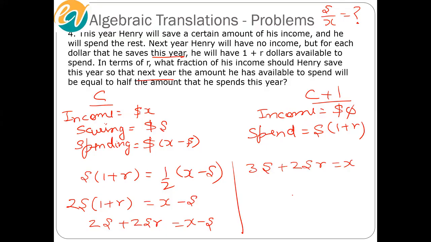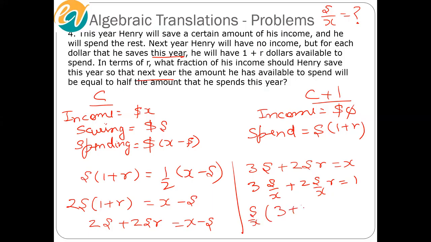S by X is what we have to find, right? So how do we proceed from here? I can actually divide the entire equation by X. So 3 times S by X plus 2 times S by X into R is equal to 1. So I take S by X common. What am I left with?